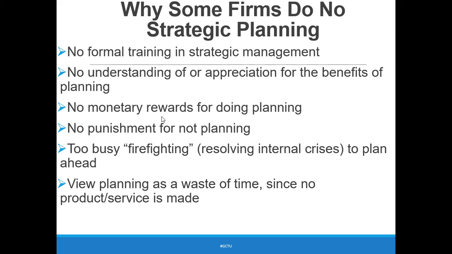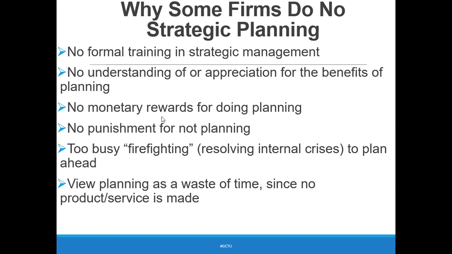Again, some also have the perception that there is no monetary reward for doing planning. And these are individuals that have a short-term time horizon who expect that right after implementation, all the fortunes of the organization must also change.